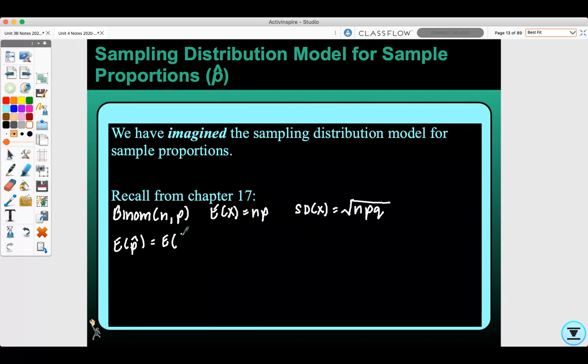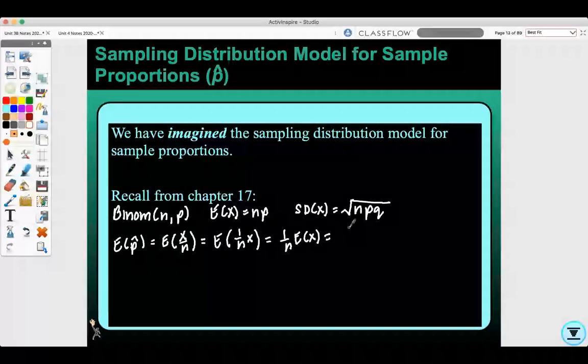The expected value of x divided by n, which would be the expected value of 1 over n times x, we can factor out that constant of 1 over n. So it'd be 1/n times my expected value of x.